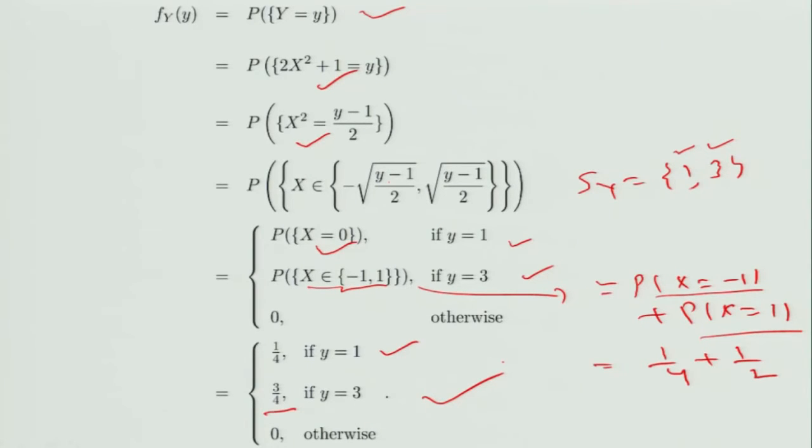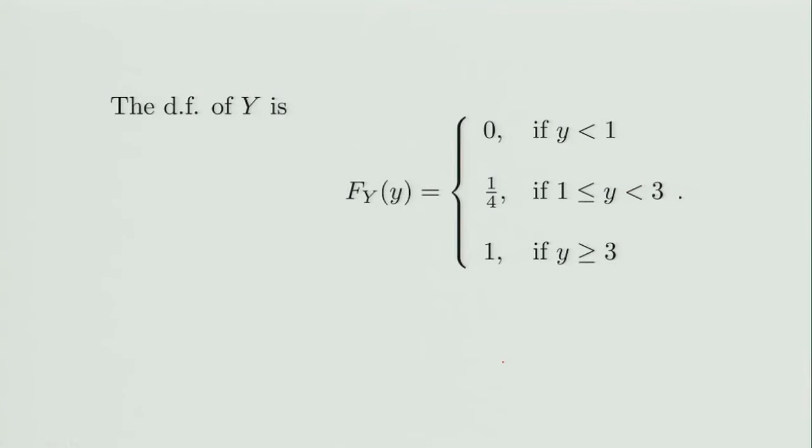Now I have a probability mass function, so I can get the distribution function. Note that my S_Y is 1 and 3. So F_Y(y), which is same as probability Y less than or equal to y. Now if my small y was less than 1, then I am saying that capital Y takes value less than 1. But capital Y cannot take value less than 1 with positive probability.